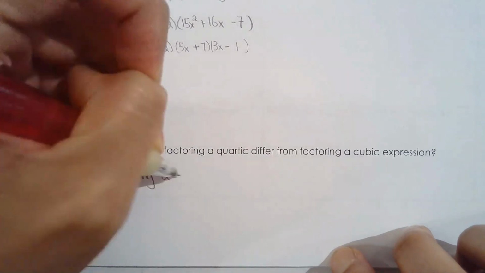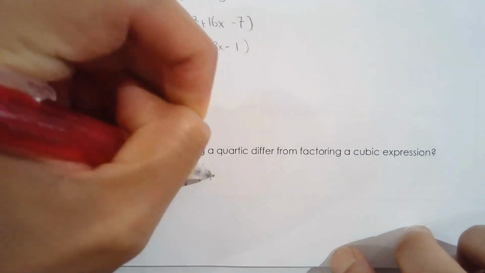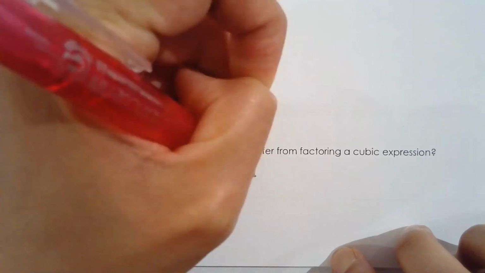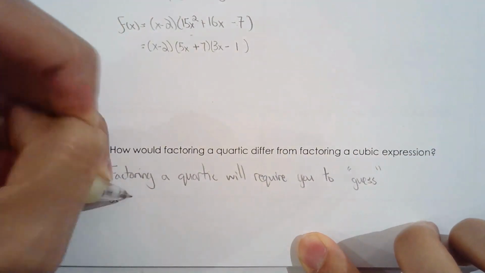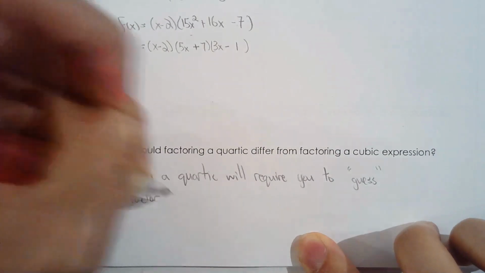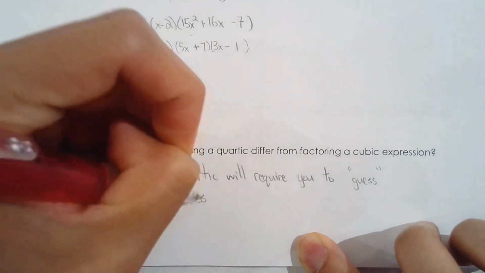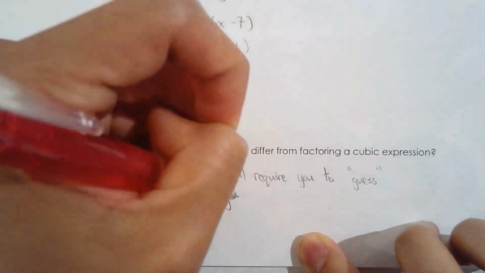Factoring a quartic will require you to guess 2 factors successfully instead of 1.